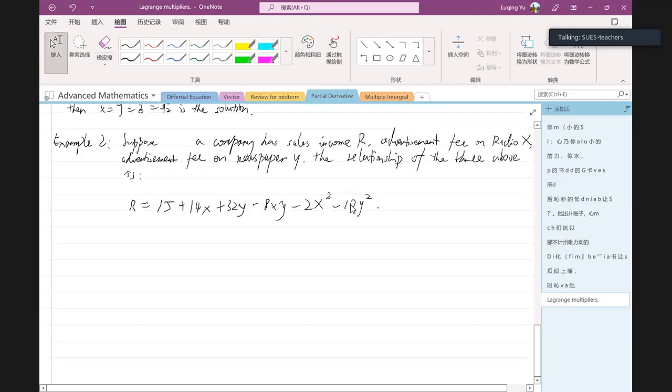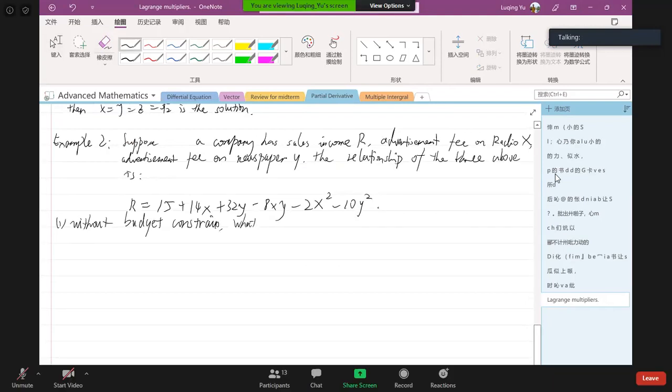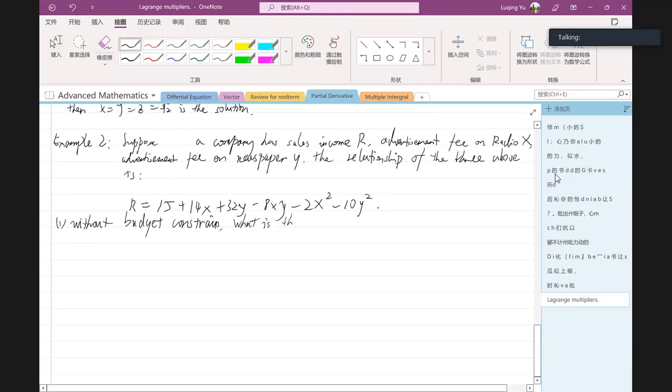So the first question is, without budget constraint, what is the best strategy for the advertisement?